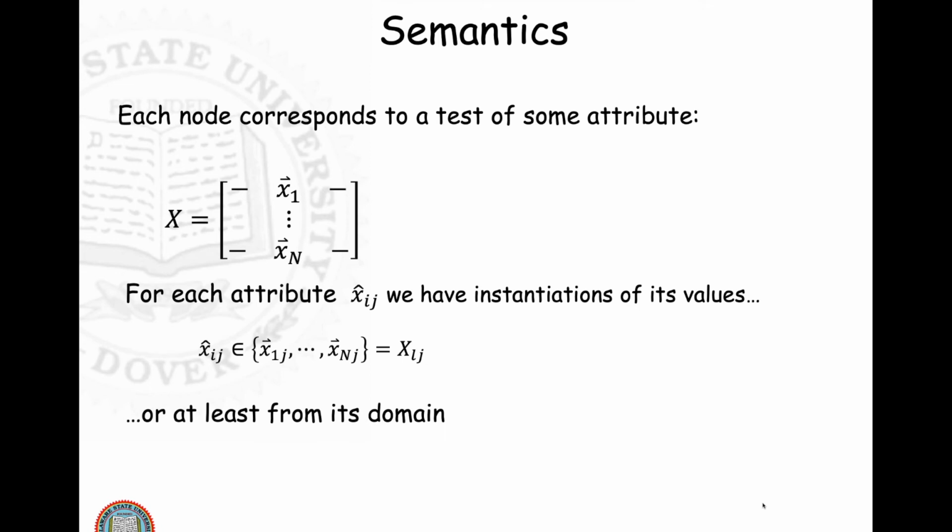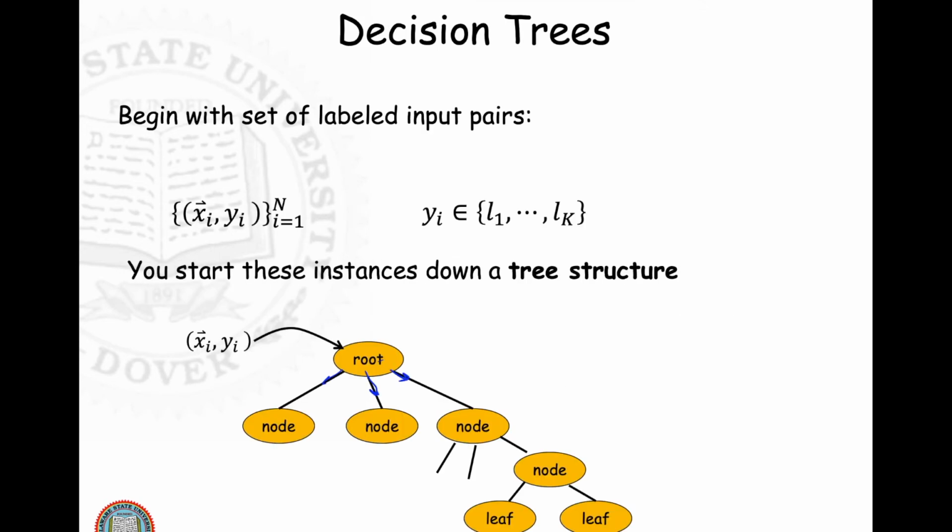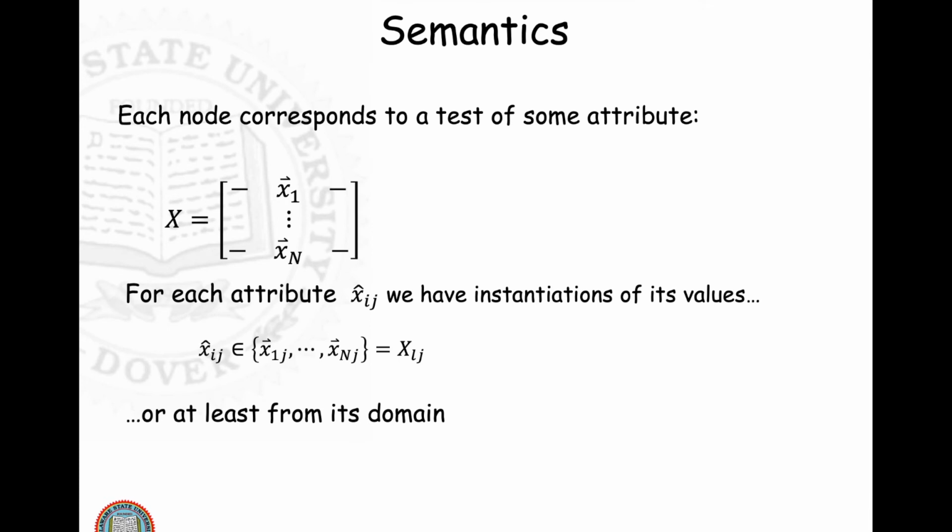Each node corresponds to a test of some attribute. And so for these tests, we're going to begin with our entire data set in the form of a design matrix. So in this case, we have big X, and big X is a row matrix.